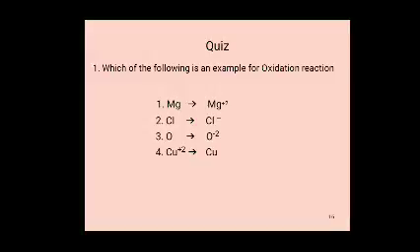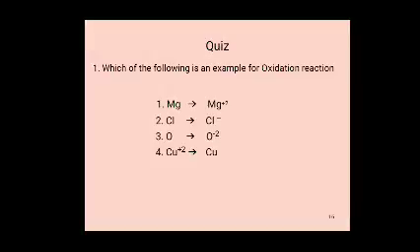What is oxidation? Loss of electrons. The process of removal of electrons, addition of oxygen, removal of hydrogen, or increase of oxidation number is called oxidation.